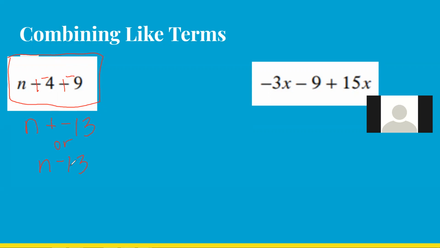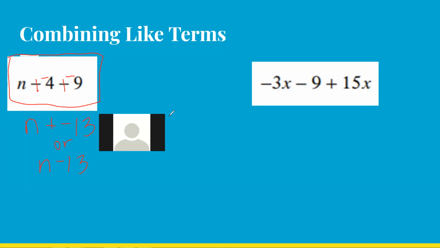Good. What could I combine in my next one? What do I combine there? What are my like terms? Negative 3x and 15x. Very good. And sometimes it helps to even mark them with a square or something.